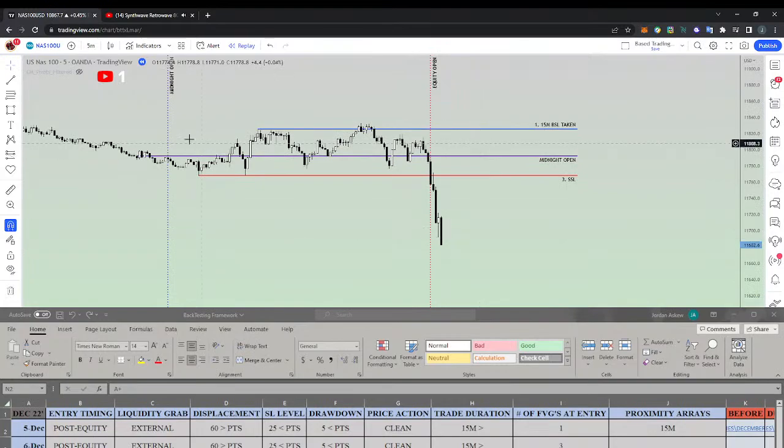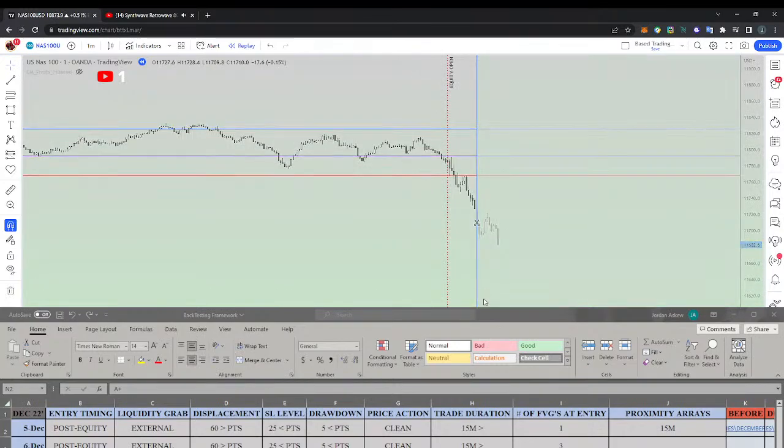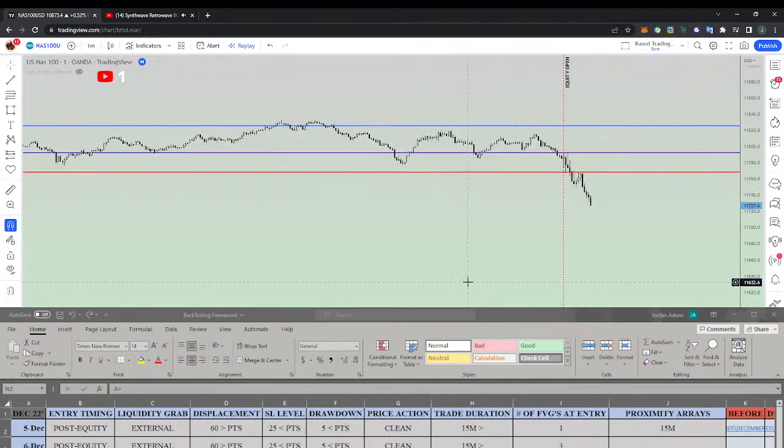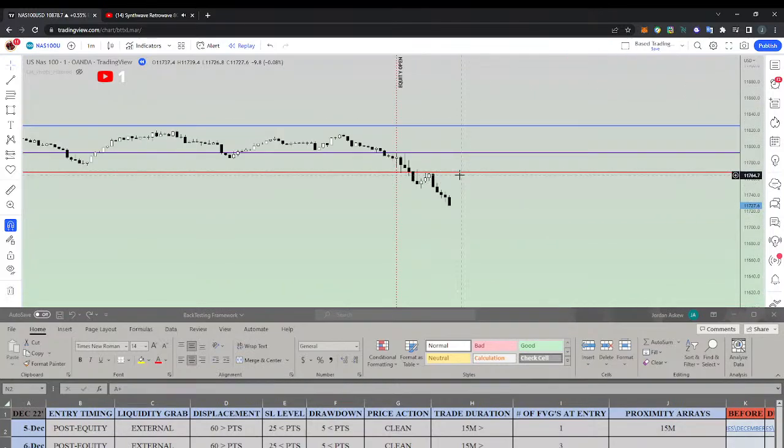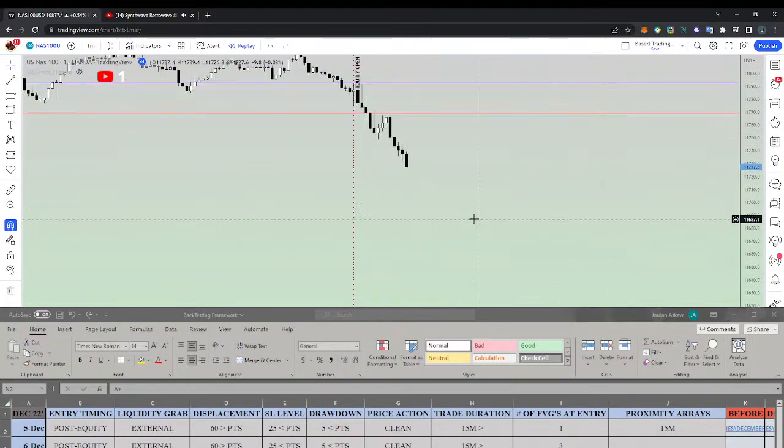So once that happened, we'd be on the 1 minute. We're not looking for a return up here, but we're looking for any fair value gaps that we can do a continuation off of on the 1 minute chart.